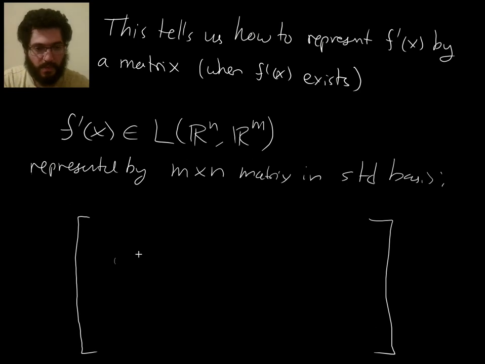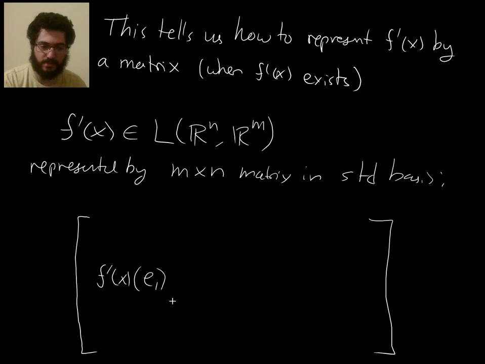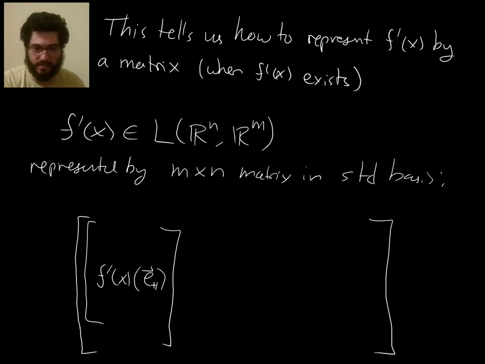So how do I do this? The first column will be f prime x evaluated at the first standard basis vector. So I have to take this f prime x of E1. That will be some m-tuple, and that will be the first column.